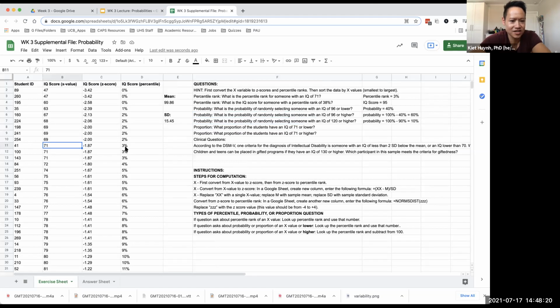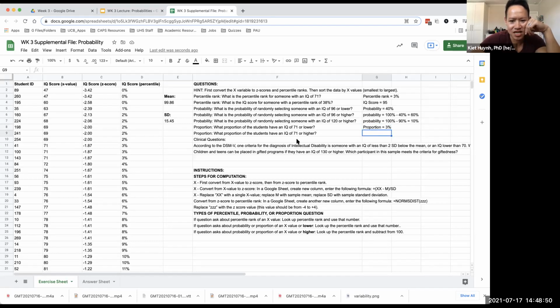Right here, the percentile rank is 3%. So the way you would read this is the question: what proportion of students have an IQ score of 71 or lower? The answer is 3% of the students have an IQ score of 71 or lower.